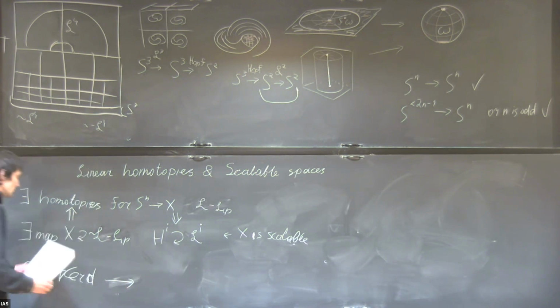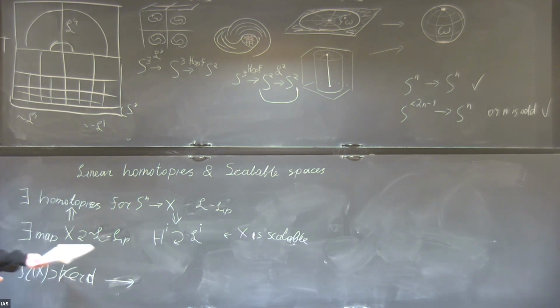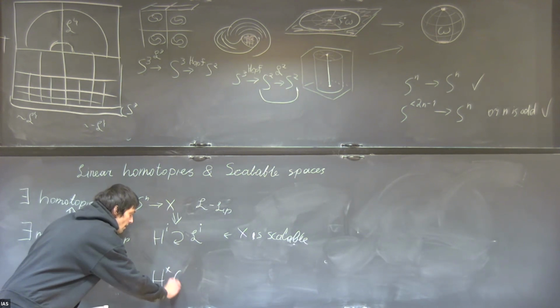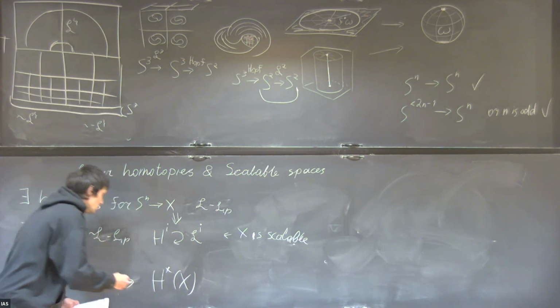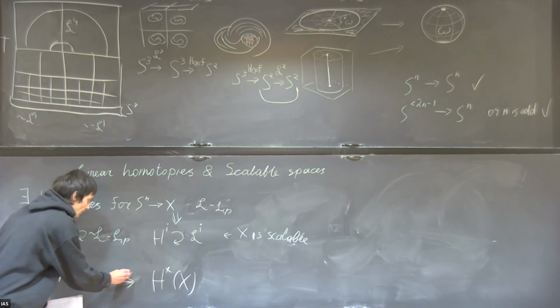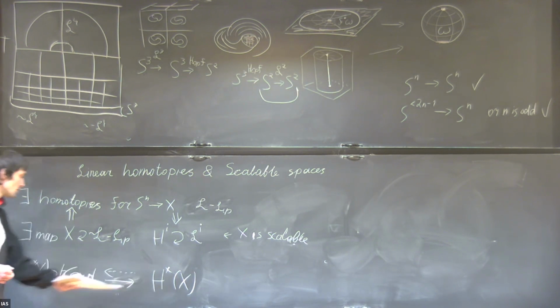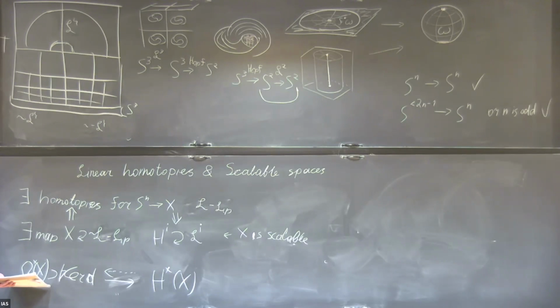So given you have a closed form on X, you can get to a homology class, and you may hope to have a lift back to a closed form. So you can maybe represent the cohomology of X by some actual differential forms on X, so that even the structure of the algebra is preserved.